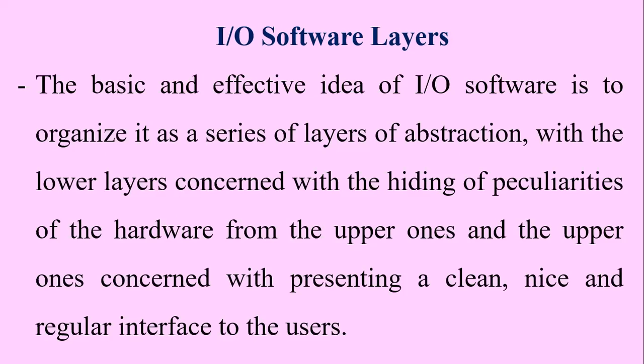The basic and effective idea of I/O software is to organize it as a series of layers of abstraction, with the lower layers concerned with hiding the peculiarities of the hardware from the upper ones, and the upper ones concerned with presenting a clean, nice, and regular interface to the users.